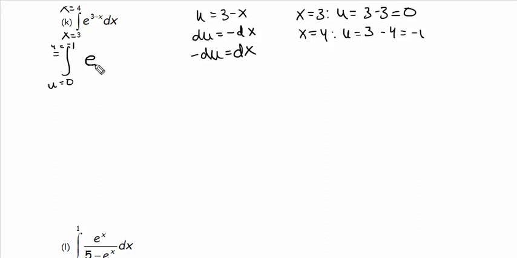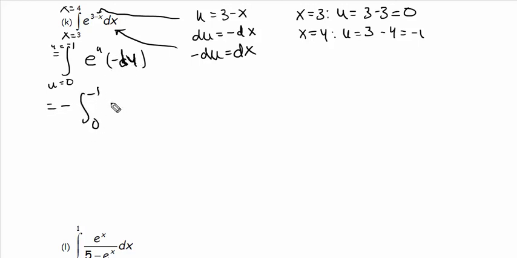And we have u was 3 minus x, so e to the u, and then dx was negative du. I'm going to bring the negative out in front, this negative, to get negative integral from 0 to -1 of e to the u du. However, I want this a to be lower than the b.